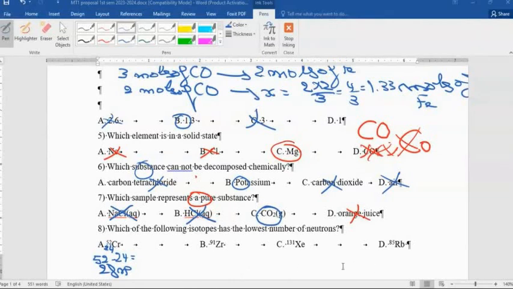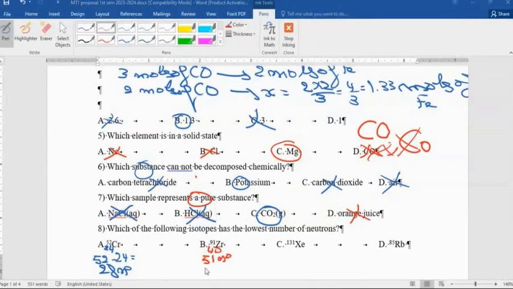For the other element, zirconium. Zirconium is a transition metal element. I will find it in the middle of the periodic table, and its atomic number is 40. How many neutrons do I have here? 91 minus 40 means I will have 51 neutrons. Then xenon.